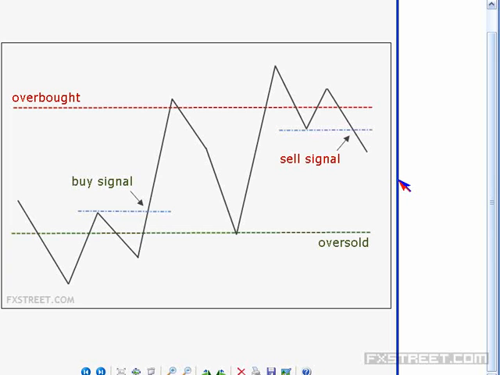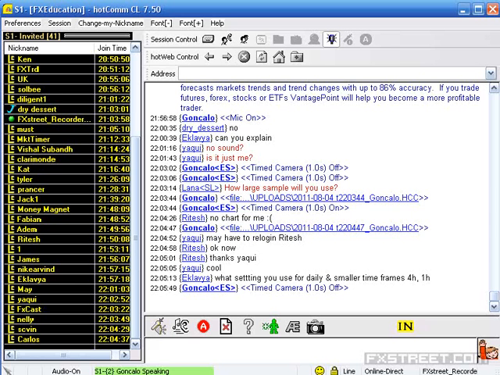You have to use other tools in order to trigger your position. In that case, the swing failure has already a signal attached to it. Okay, is it clear? For the candlestick patterns, let me show you briefly what we are going to use.